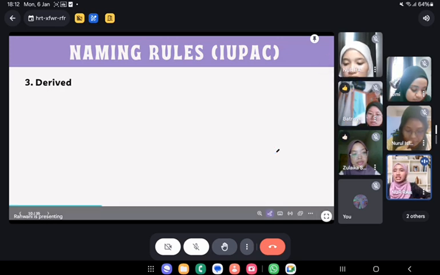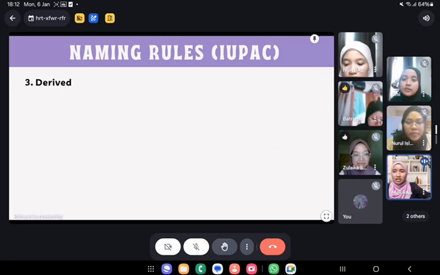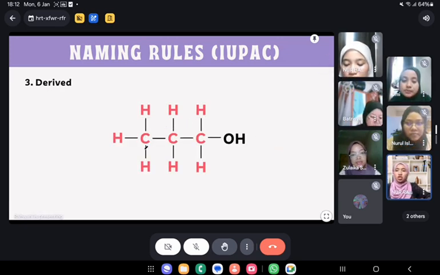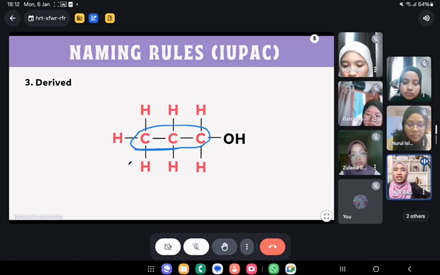Now, let's move to the third step, which is to derive the alkane name of the carbon chain. Previously, Hazira said the longest carbon chain is 3C. Now, can I have Umi Humara tell me what is the alkane name of a 3 carbon chain? I think propane. Alright, thank you Umi Humara. That is correct.